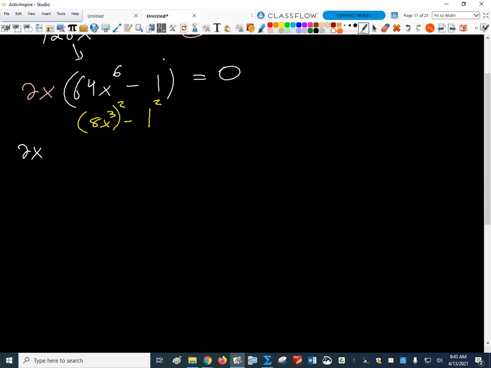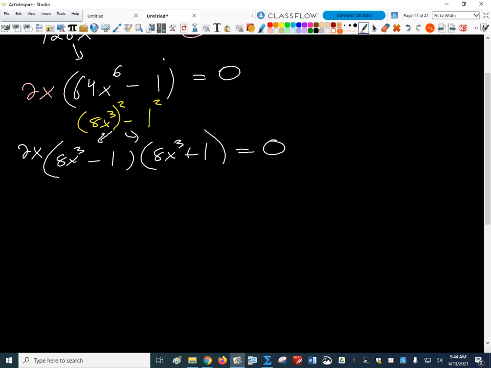Everybody see then I could split this apart into a minus b times a plus b, right? Anybody see that? And now all I'd have to do is break these up using difference of cubes and sum of cubes, and we're done.